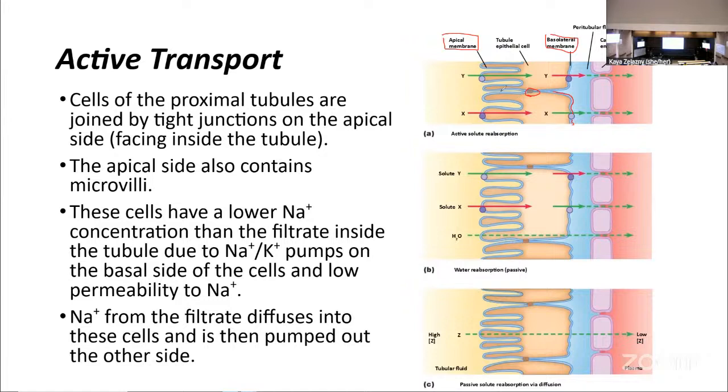We almost have like a brush border situation going on here, facing the fluid coming through. Okay. So we've absorbed actively sodium towards the blood, setting up a sodium gradient where we have low sodium inside, right? Low sodium, which means we have higher sodium here.